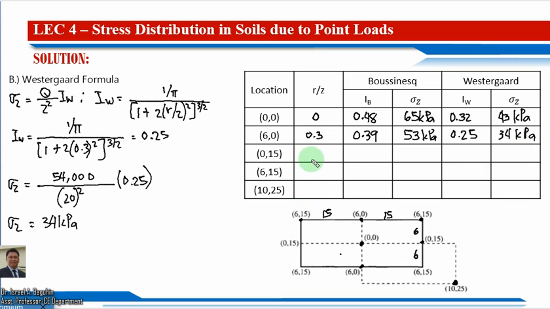Okay, so proceeding with this one, using the same formula for the Boussinesq and this Westergaard formula, we can actually have this value of our R over Z, the Boussinesq I sub B and the vertical stress, and the Westergaard's I sub W and sigma Z. Using the same formula, we have now here 0.75, and here our I sub B is 0.16.